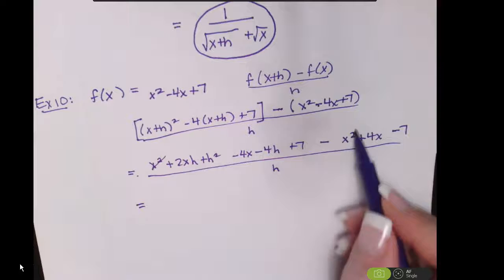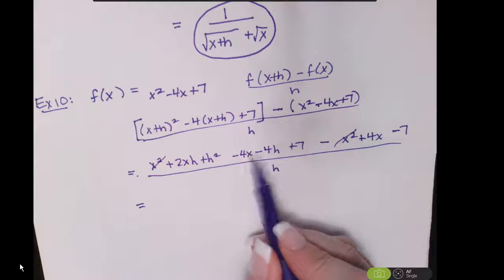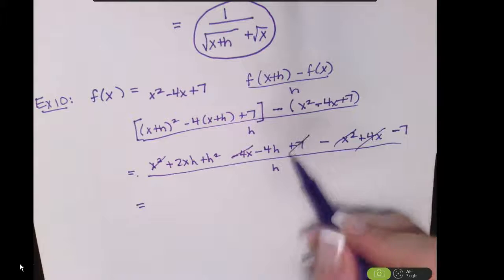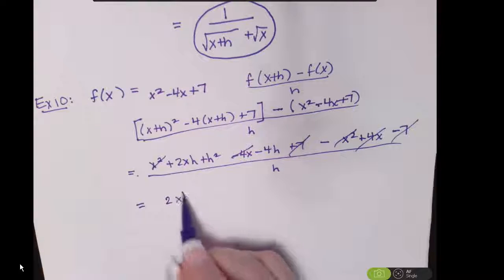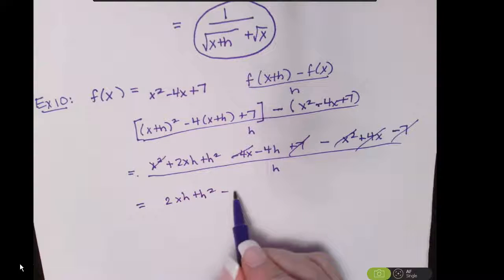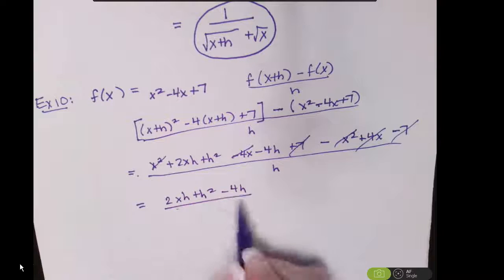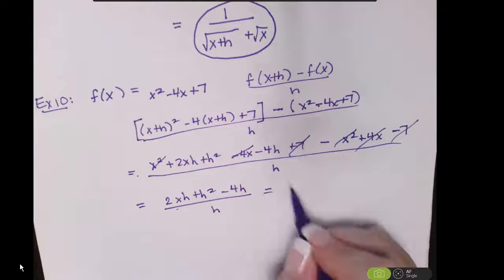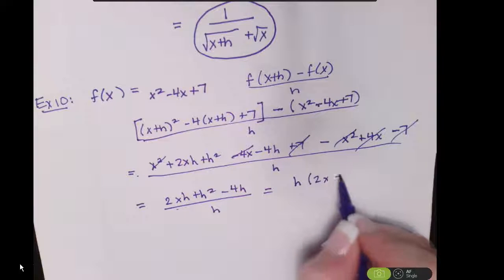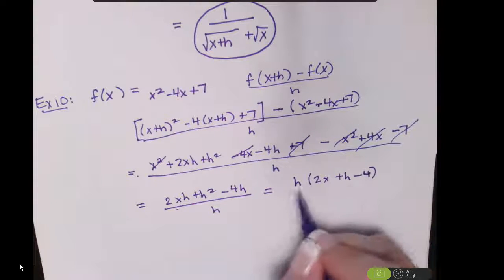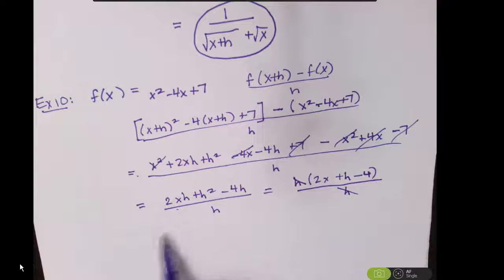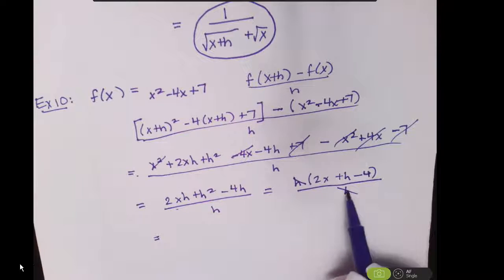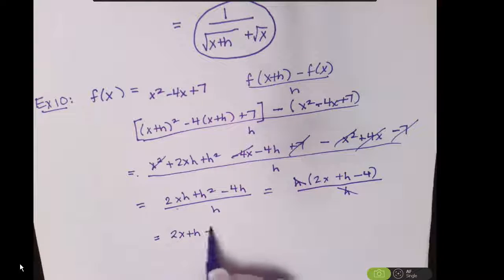So I have x squared minus x squared, minus 4x and plus 4x, plus 7 and minus 7. So I get 2xh plus h squared minus 4h over h. And I'll factor out an h. And so here we go. I get 2x plus h minus 4, and that is my difference quotient.